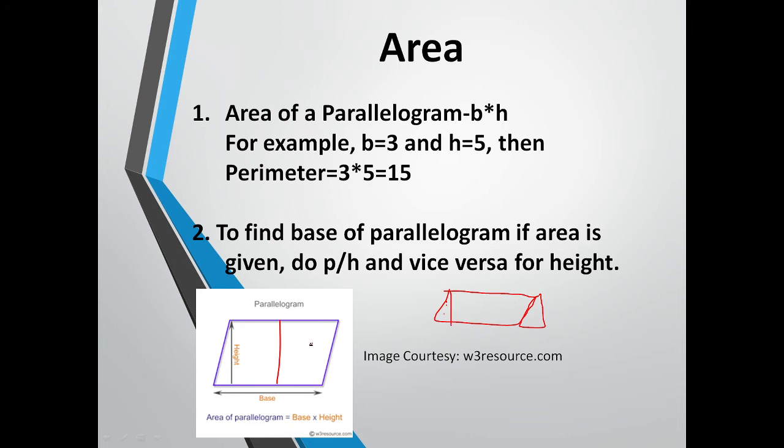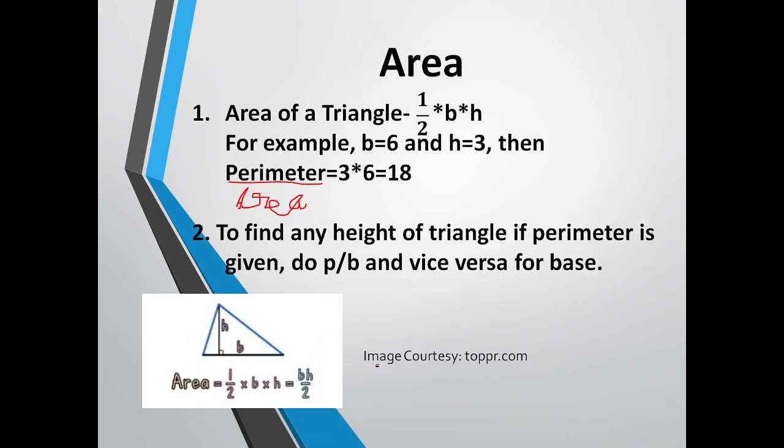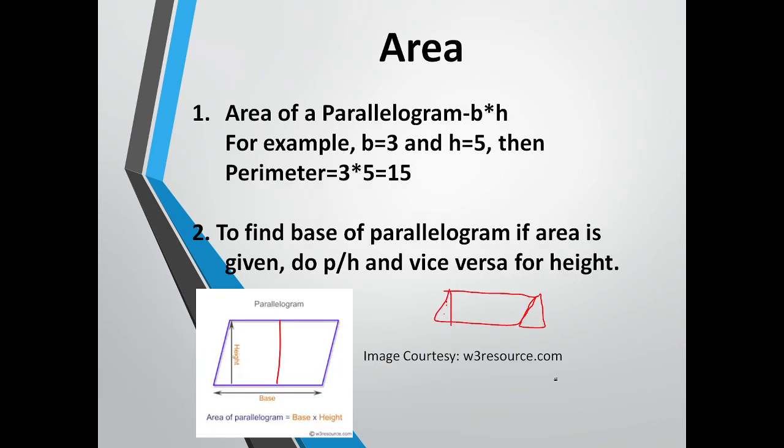Not a triangle. Wait a second. Half into base into height. Yes. So for example, I'll draw a parallelogram. If we draw a diagonal of the parallelogram, we get two triangles, right? This triangle and this triangle.